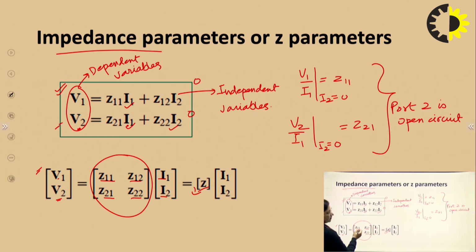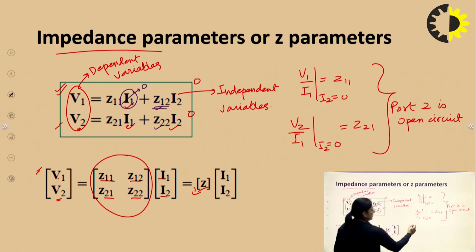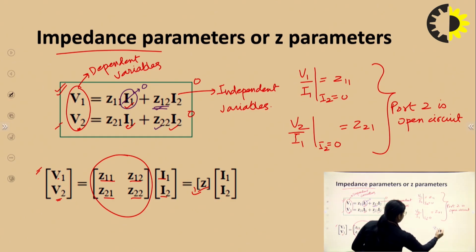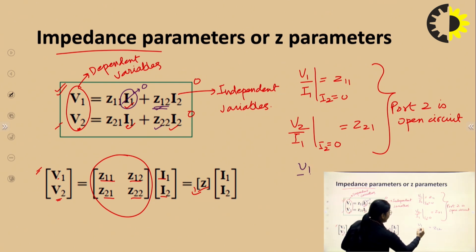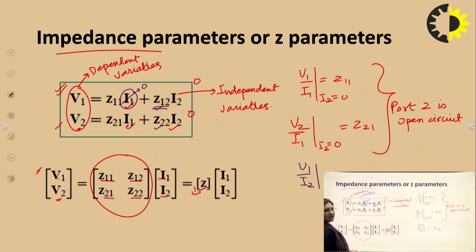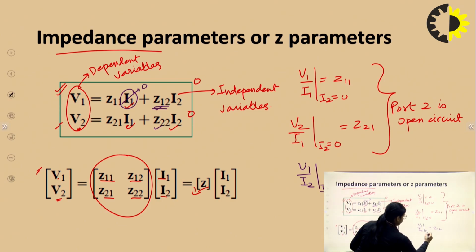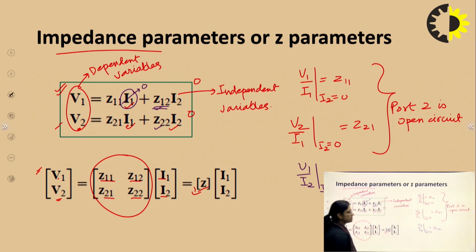Now I need to calculate Z12 and Z22. To calculate Z12, I need to put I1 equal to 0. Then Z12 will be equal to V1 by I2, and the condition is I1 must be equal to 0.